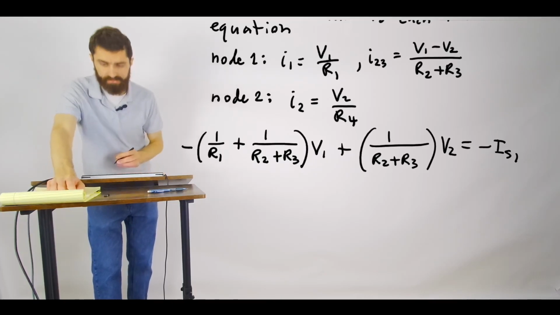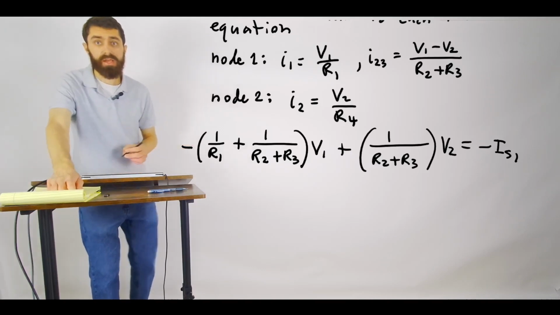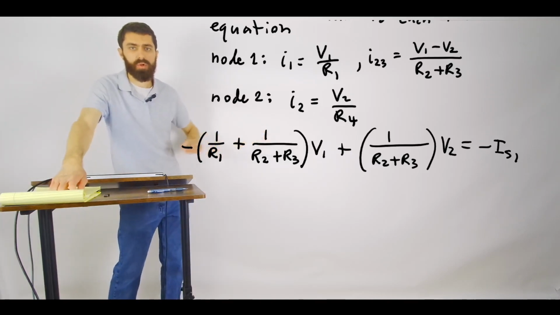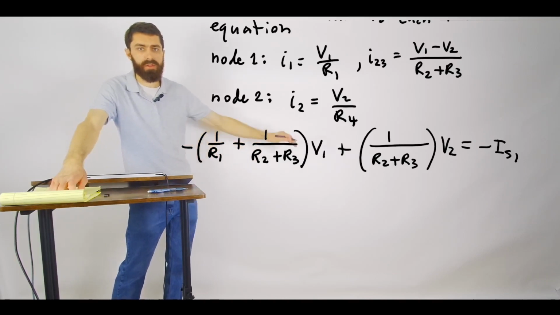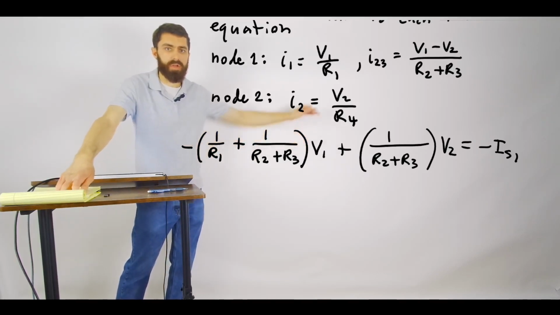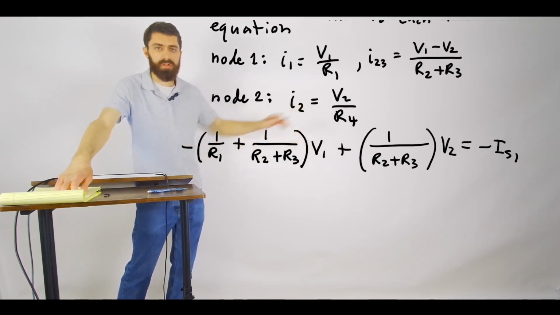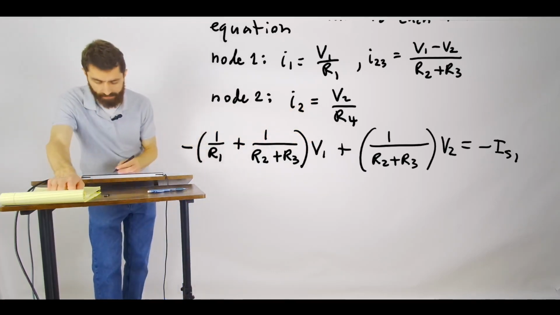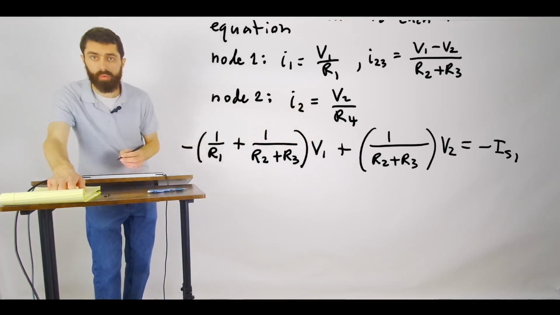I was just doing a lot of simplification, and I'd recommend you put your equations in this form where you have all the variables you're solving for on one side of the equation and then constants on the other side. And that's from the node 1 equation.